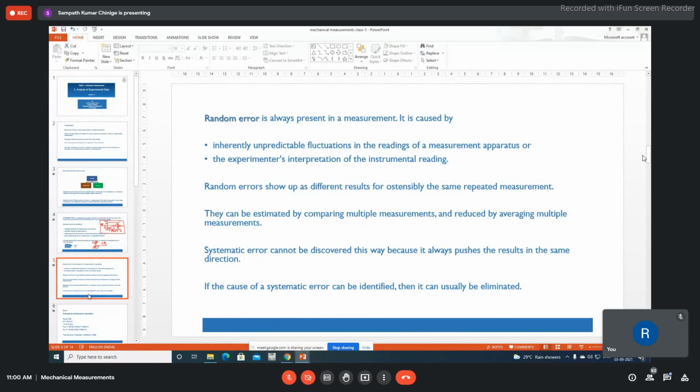So that is how systematic and random errors behave. The difference is that systematic errors always follow one particular direction, whereas a random error may take a zigzag path. It may not follow any particular direction. So a systematic error, if you are able to observe it, can be eliminated. If you know that it is happening because of, say, mating friction, you can always eliminate it.